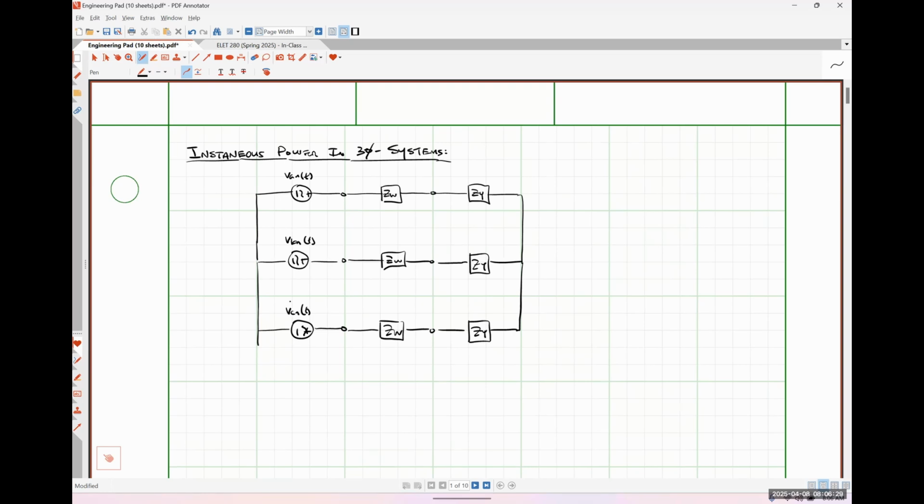And then over here on the load side of things, we should see a voltage drop of VAN as a function of time, where I'm using the capital letters to indicate that we're on the load side of things. Sorry, that should be B. And this should be C. And I should also have some phase currents.